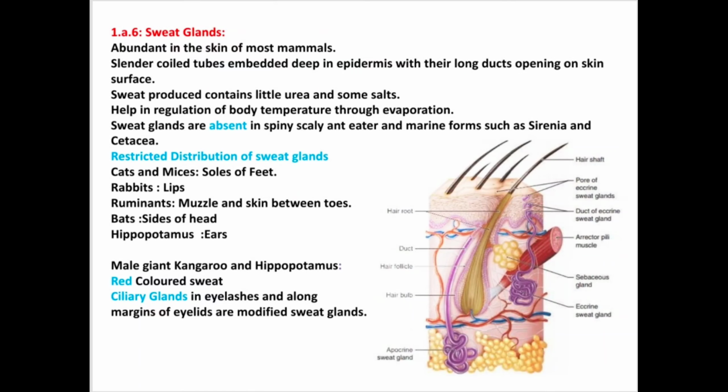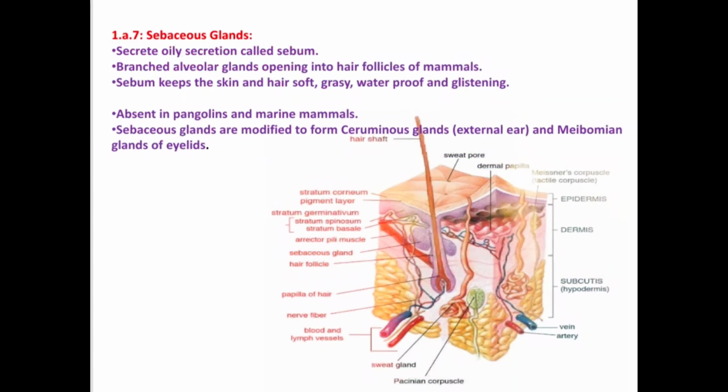And now the next gland that we'll be taking is the sebaceous gland. These sebaceous glands are branched alveolar glands. They open into the hair follicles of mammals. In some cases, they may open directly onto the skin surface. They secrete an oily secretion called sebum, that is greasy in nature.